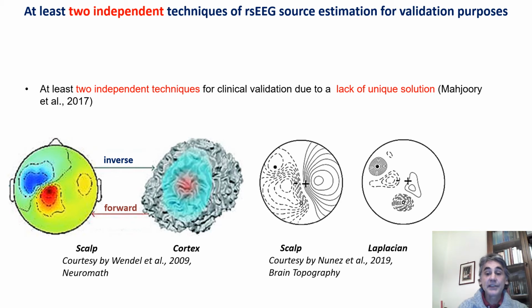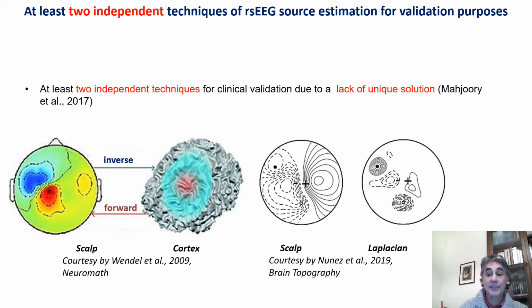These techniques are not based on a fine head volume conduction model, so they can just provide a spatial filter removing the low spatial frequencies typically related to the blurring of electrical fields on the scalp surface.